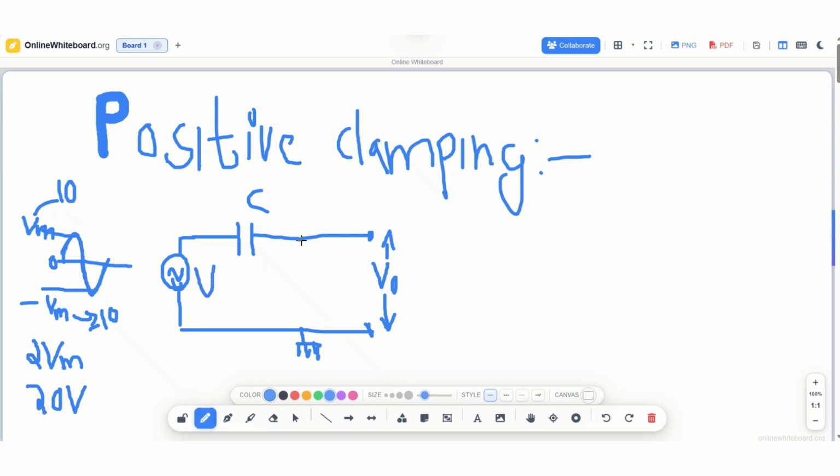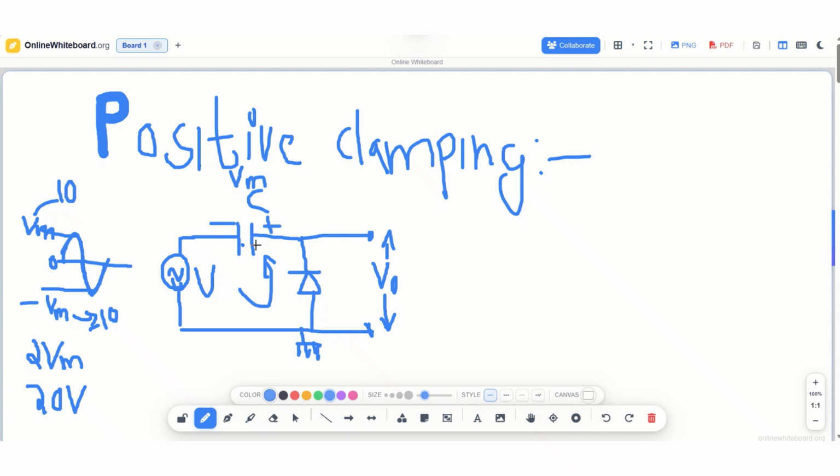During the negative half cycle of the input voltage, this is the circuit diagram of the positive clamper. The diode is forward biased, meaning negative is connected to negative and positive is connected to positive, so the diode conducts and conduction current flows through it. So the capacitor charges to the peak voltage Vm.